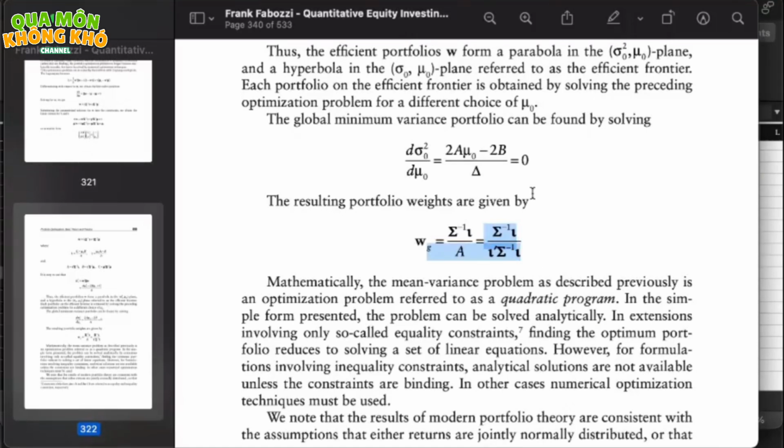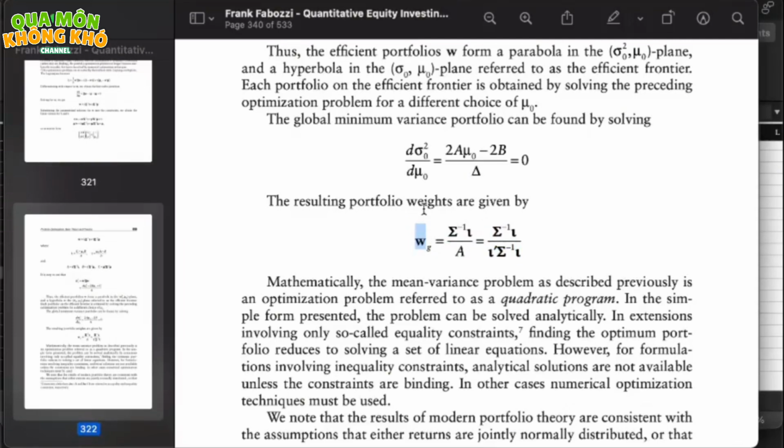Okay. It's just very simple. If you don't use this way to find out the minimum variance portfolio, we have to use the solver in our Excel to find out the weight matrix of the minimum variance portfolio.